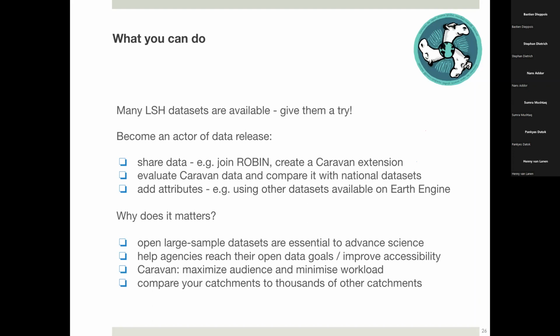And that's what we're trying to do with Caravan too. We try to maximize the audience that can be reached, and at the same time, minimize the workload for whoever decides to produce an extension and contribute to Caravan, to make it easier and to lower the bar and to facilitate and accelerate data sharing in hydrology.